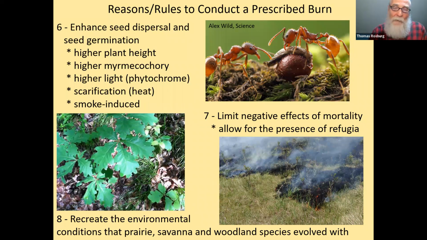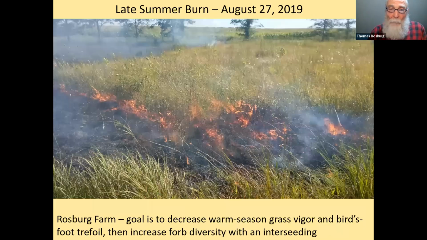And it makes great sense to me to think about the fact that we can use that difference, and we should be using it probably more than we are, to help separate out who the prairie and savanna and woodland species are, who the real ones are, and who the invasives are. Generally, they did not evolve with fire. So there we go. A little bit over, sorry about that.